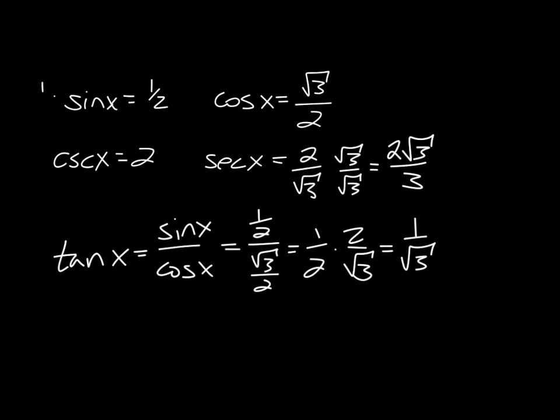I want to keep an eye on this one. Then multiply by square root of 3 over square root of 3. So then that would be, and I want to keep an eye on the 1 over radical 3, because now we can do cotangent. So it'd be square root of 3.